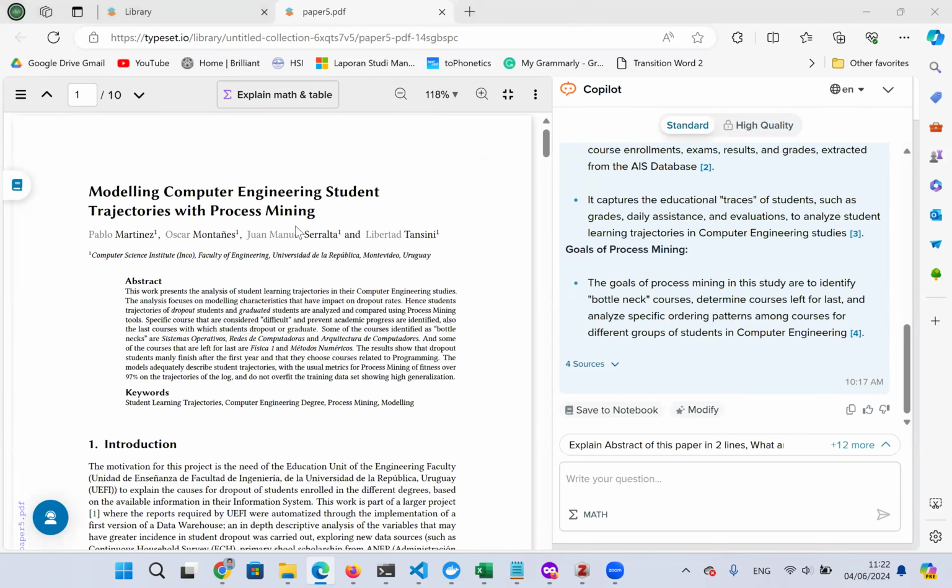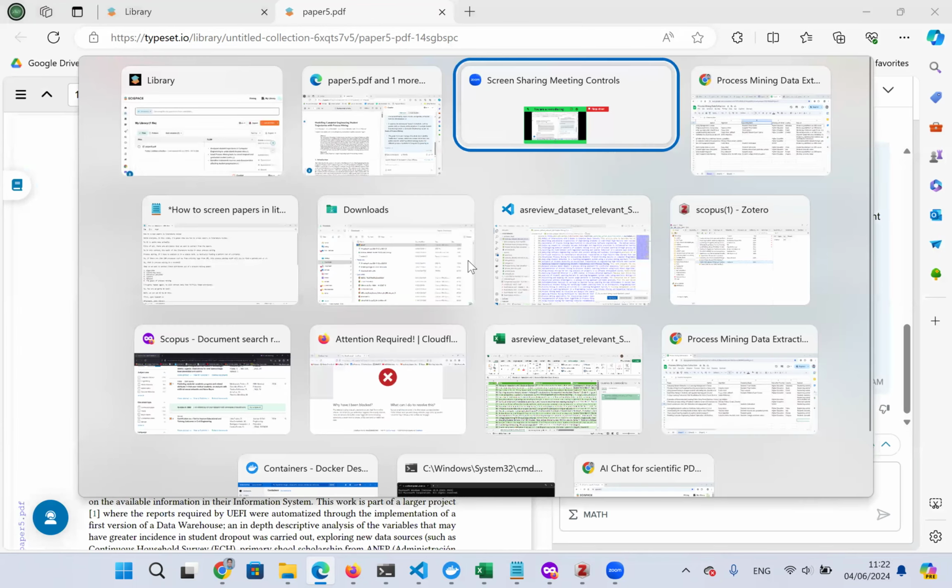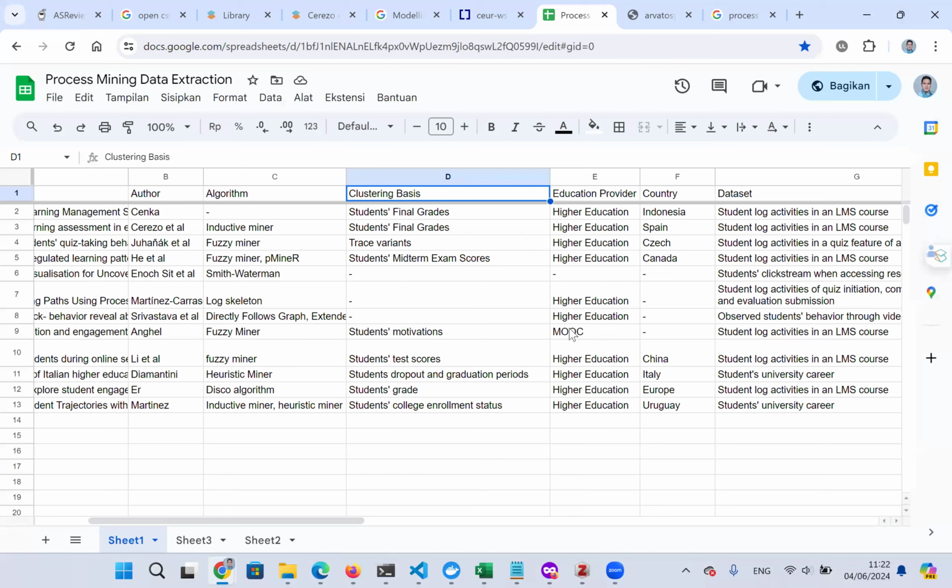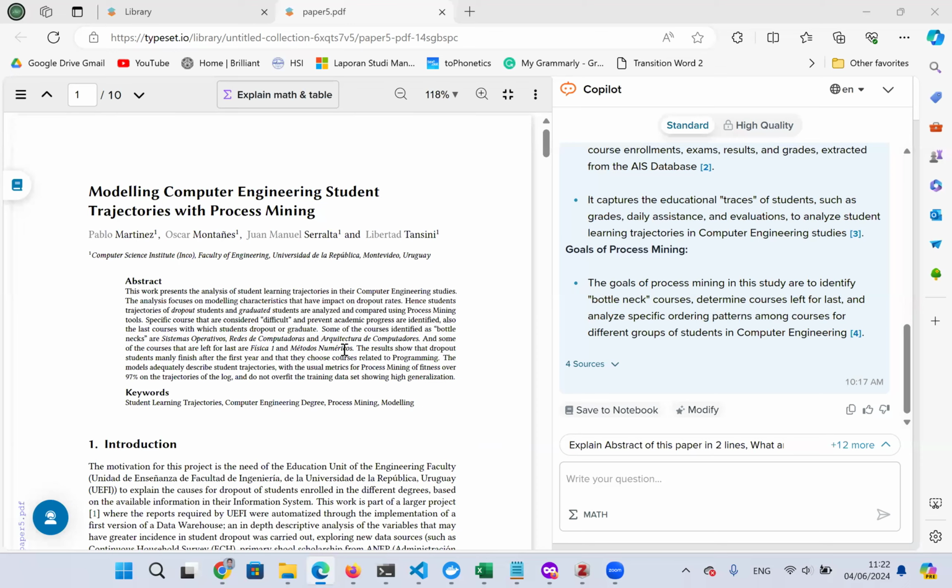To extract these attributes, we can use an AI prompt. Here it is actually just my previous experiment.